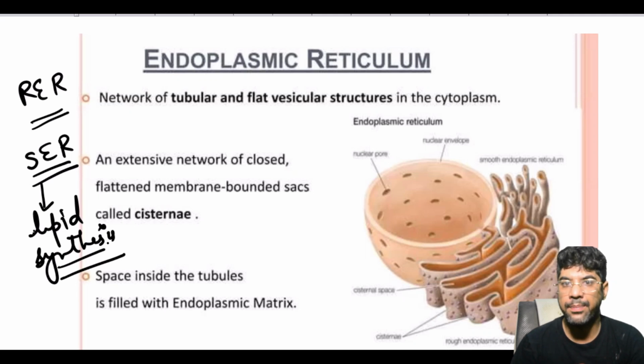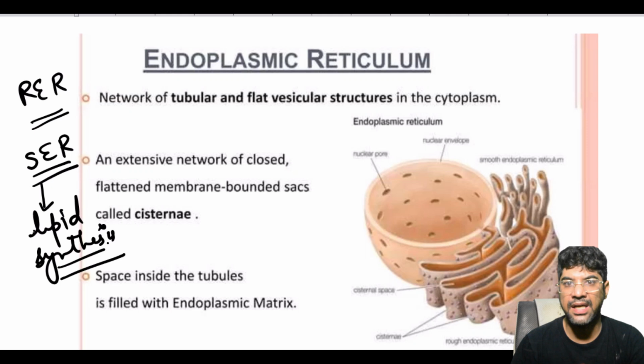The Golgi apparatus sorts and packs proteins and lipids for secretion or internal use. Lysosomes contain enzymes to digest cellular waste and foreign materials. We have ribosomes, the site for protein synthesis. They can be either freely floating in the cytosol or attached to the rough endoplasmic reticulum.